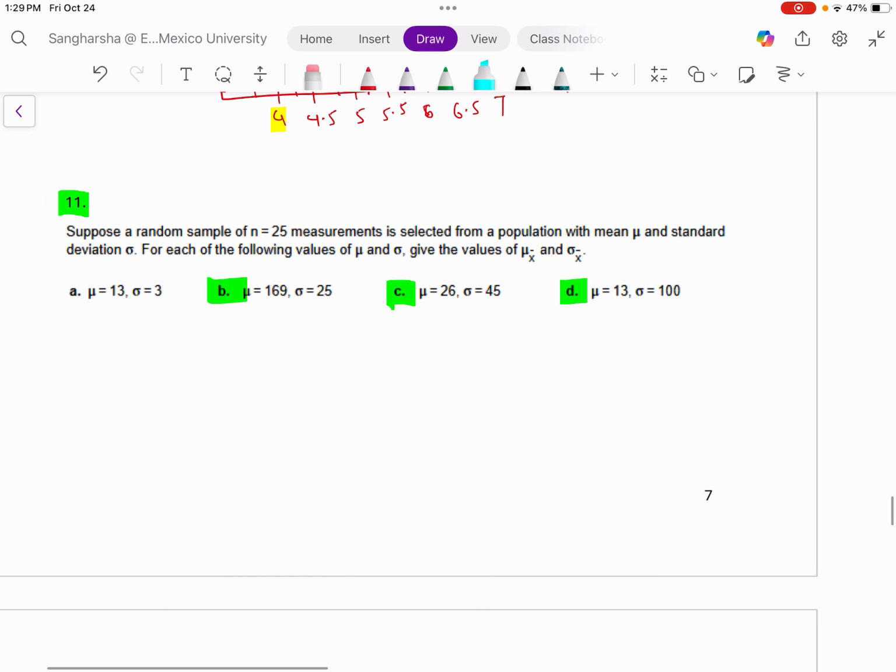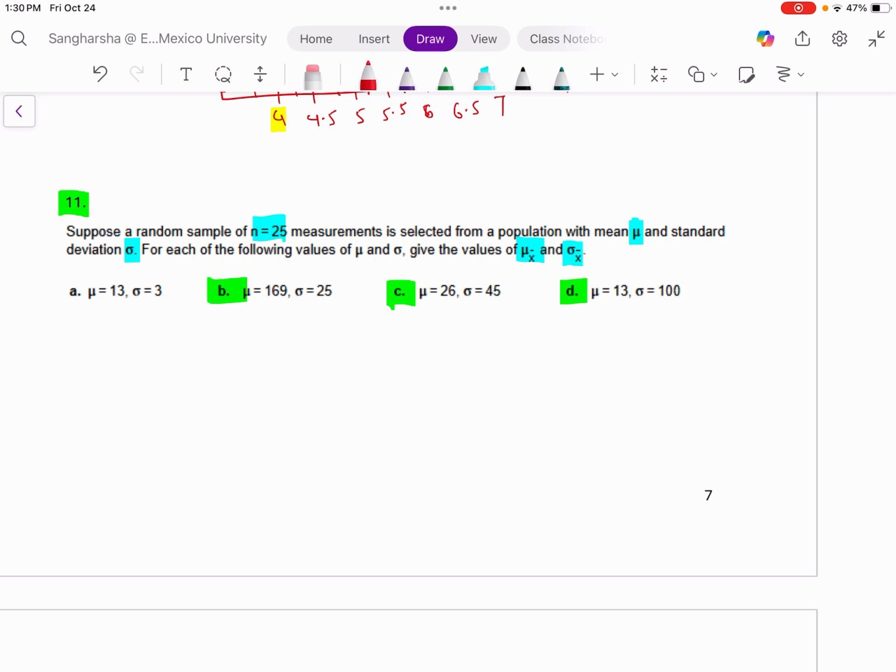Okay, next here our sample size is 25, and we have to find mu of x bar and sigma of x bar. Mu and sigma are given. Let me double check.